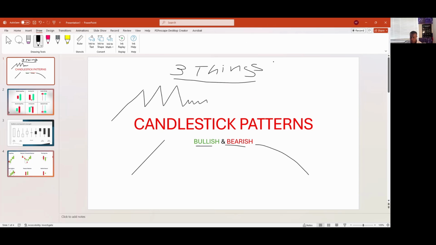So the stock has been doing three things: it goes up, it goes down, and it goes sideways. That's all it's been doing.